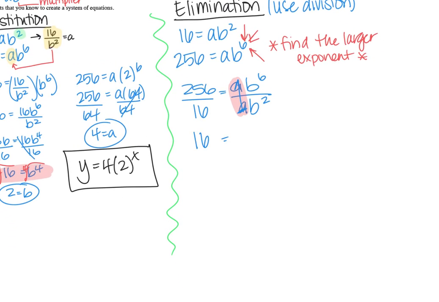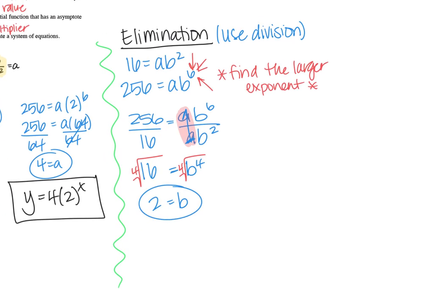And b to the 6th divided by b squared, at this point we all know, leaves me with b to the 4th. And once again, I'm at this familiar position. We've been here before. This is our third visit. I'm going to take the 4th root of both sides. The 4th root of 16 is 2. The 4th root of b to the 4th is b. No surprise. One final time, I'm going to take that b and plug it in.